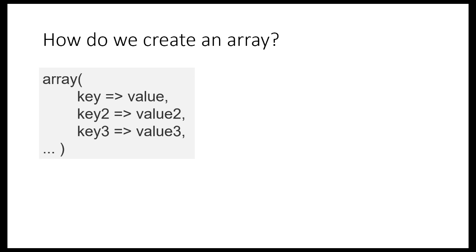So we can create an array two ways. The first way is, I just said that we created an array called temperature, and then we put the number, so we can give it a value. We can also use what's called a key.